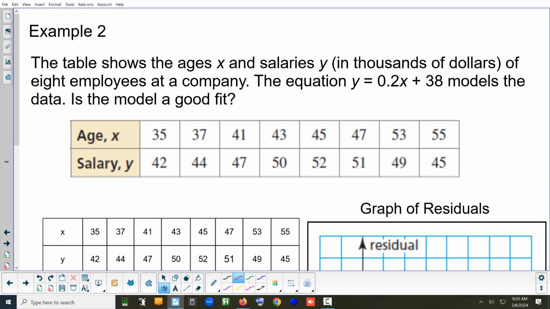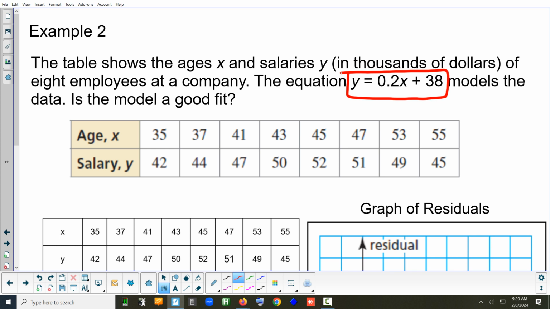So what's the formula that they give you that says it should predict the salaries of the people? I'm looking for a formula. Y equals 0.2x plus 38. Right. Okay, we don't know how they figured this out. We don't really care how they figured it out. All we know is that's the formula that's going to model the salaries of this company.